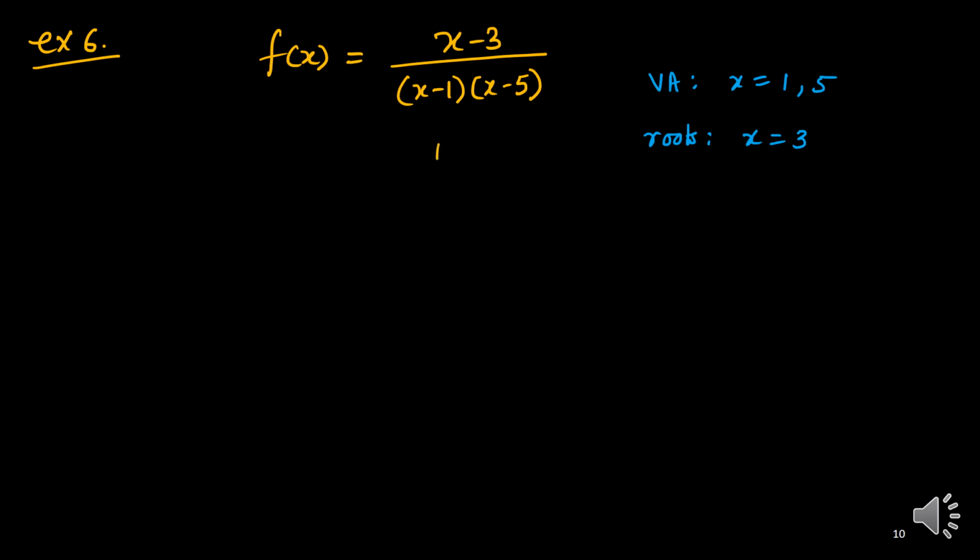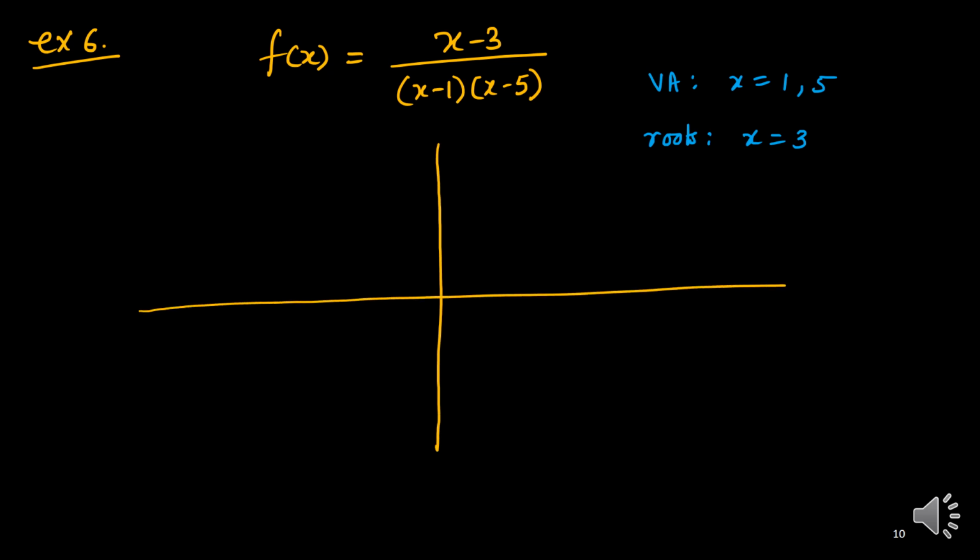So this is the y-axis. This one is x-axis. Okay, the points I need to consider are 1, 3 and 5. Okay, this is 1 and this is 3 and this is 5.